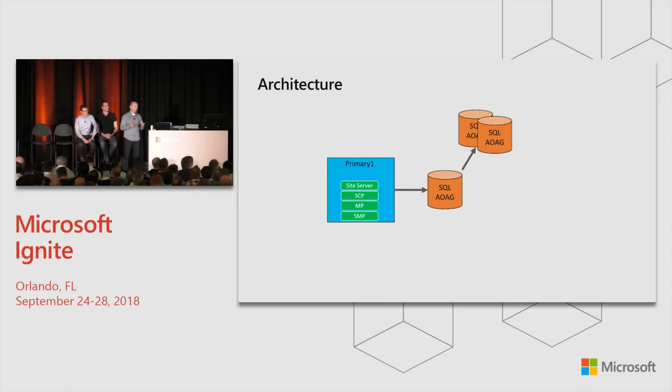Just to show you the architecture a little bit, let's say today you have a standalone site server with your roles on it. You have your site server, a service connection point, maybe an MP, and it's connected to a SQL Always On availability group.